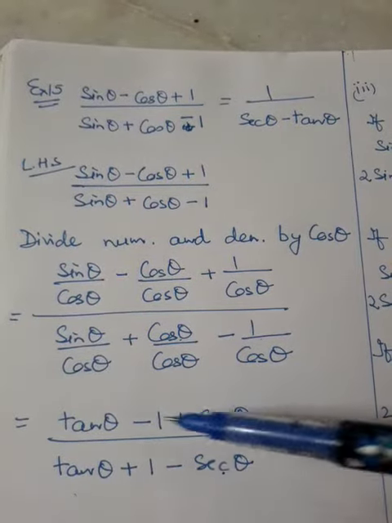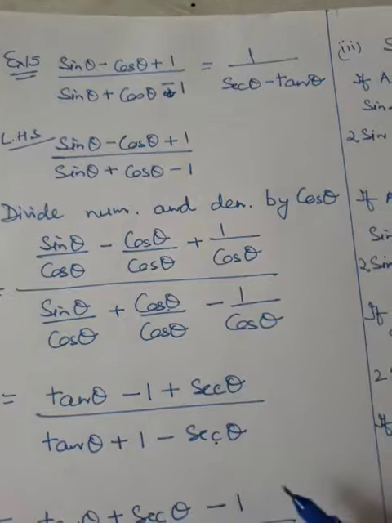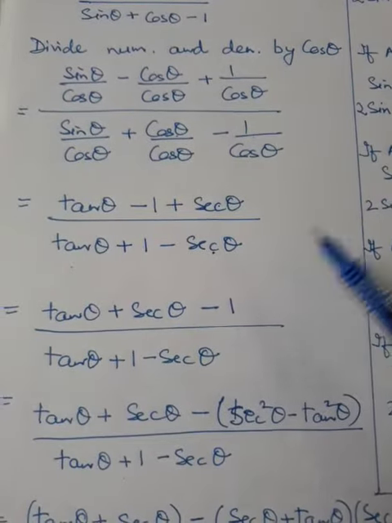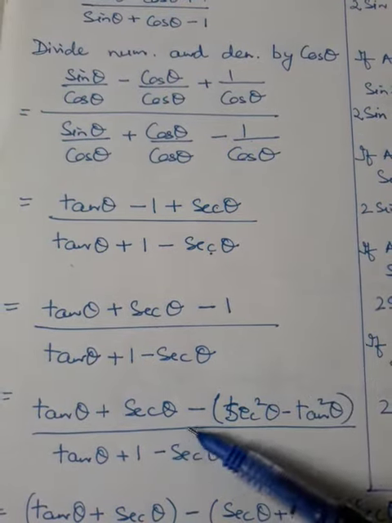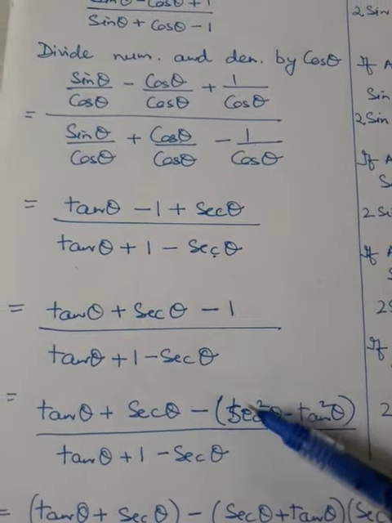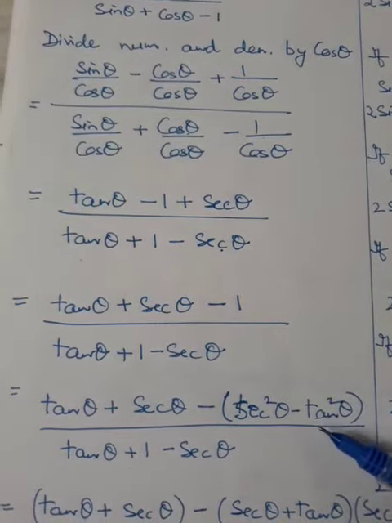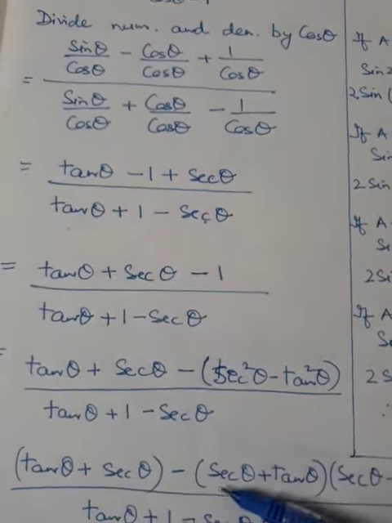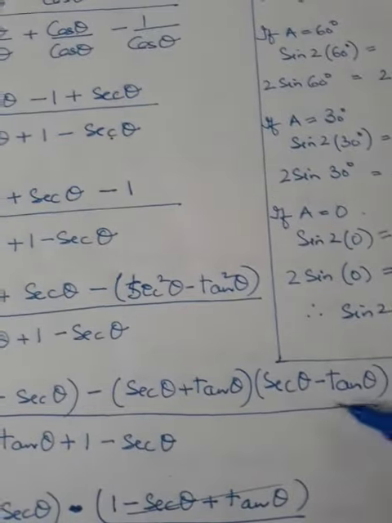So here what we do is we take tan theta and secant theta together and then we take 1 like this. Here we have written 1 like this. Then we have substituted the value of 1. The value of 1 is secant square theta minus tan square theta. Then we open this: this is a square minus b square, which is a plus b, a minus b.